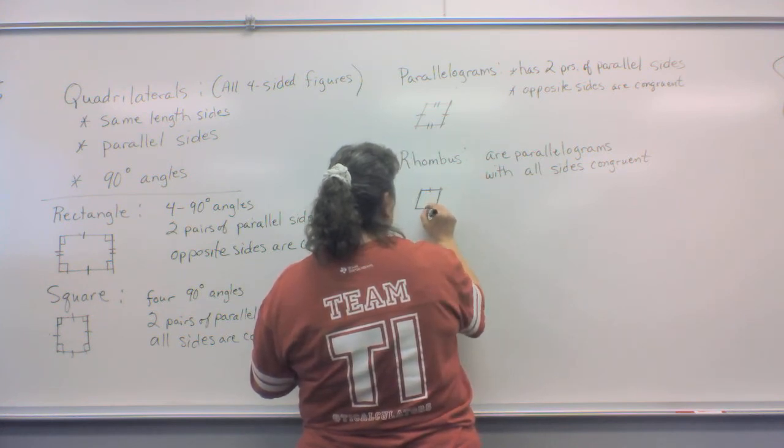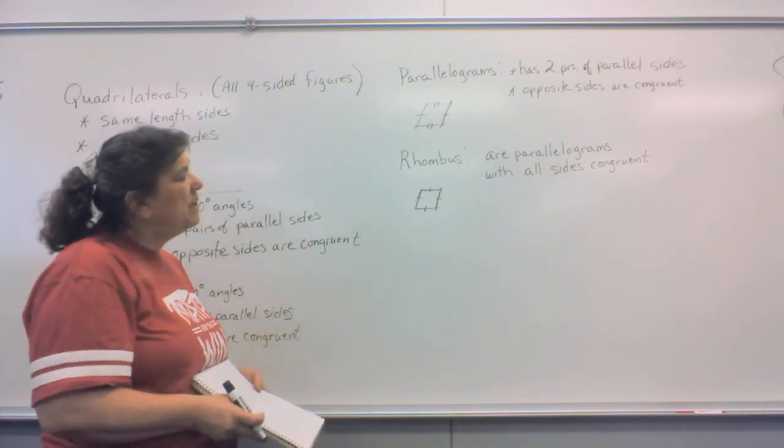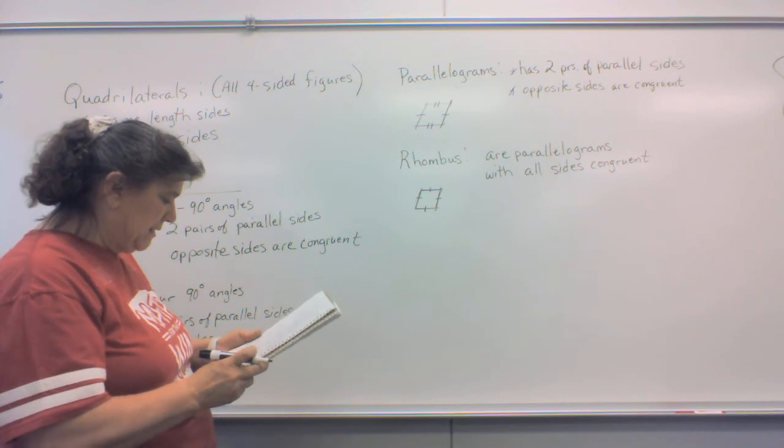In other words, it is a parallelogram with all the sides congruent. That's what a rhombus is.